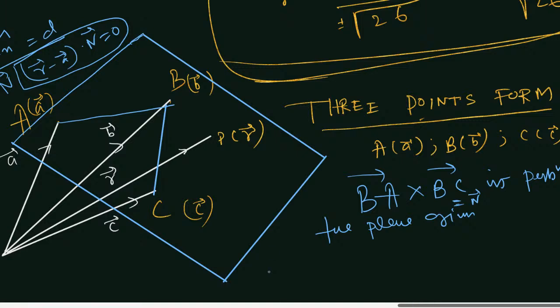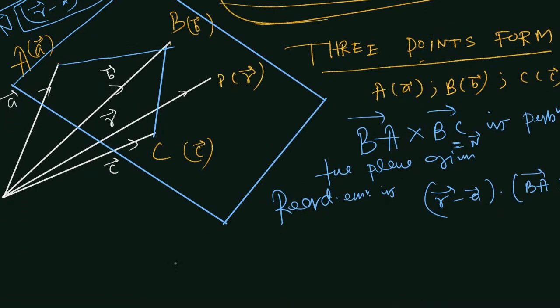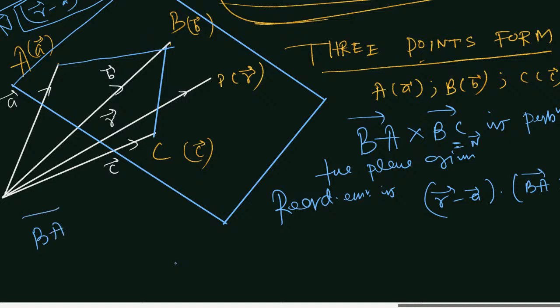So if I tell you the required equation is, I am using this one point form, R minus A dot BA cross BC equal to 0. This will be justified. BA is what? Position vector of A minus that of B. BC is what?